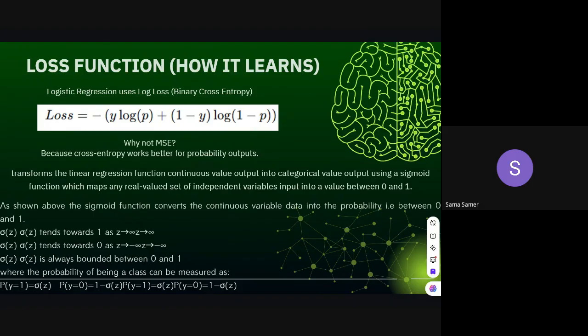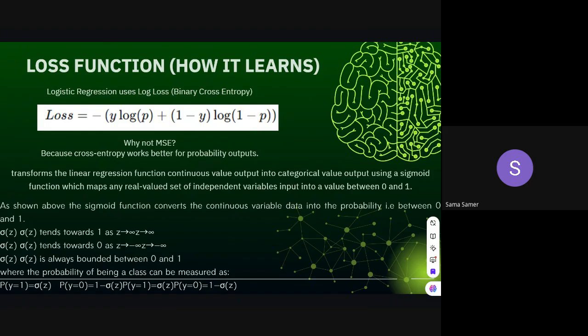This is the equation of the loss function, and it depends on the dependent variable, which depends on our features, and the probability that we get from our sigmoid function. Cross entropy works better for probability outputs, which is why we are not using mean square error. Mean square error is usually used for regression problems.